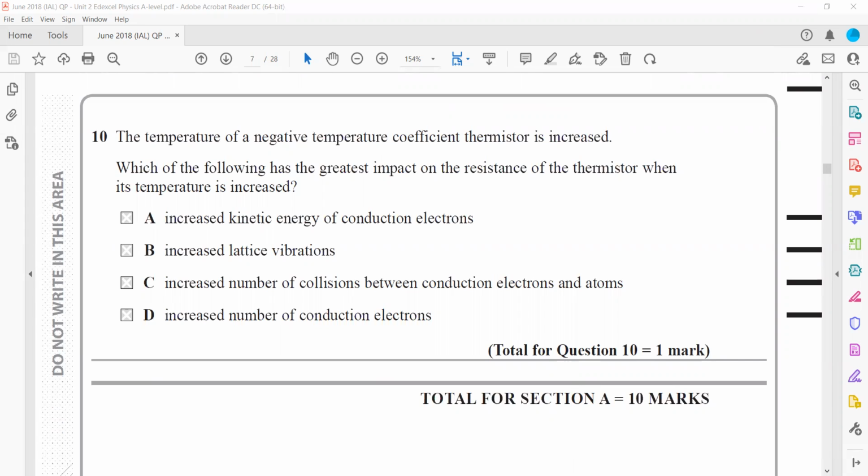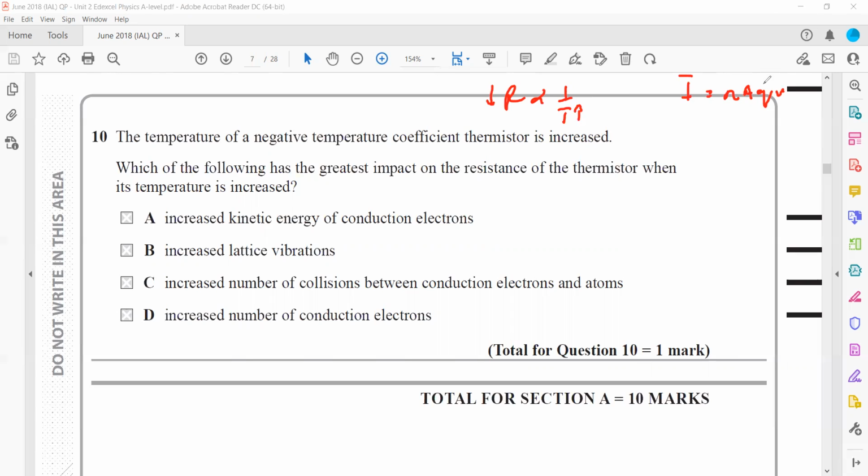Question 10. The temperature of a negative temperature coefficient thermistor increases. If the temperature increases, resistance will decrease because it is inverse. And if resistance decreases, the current will increase. So current I is equal to nAqv.